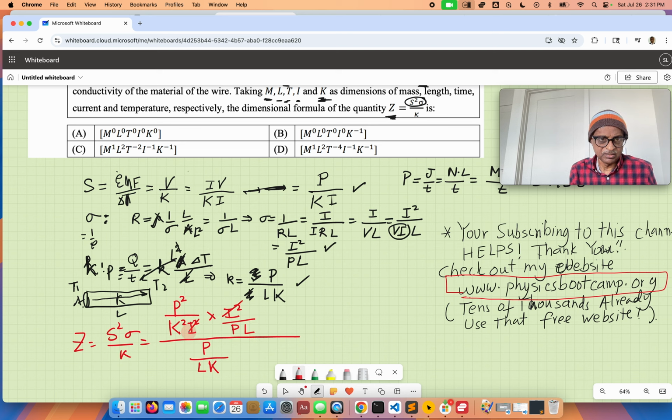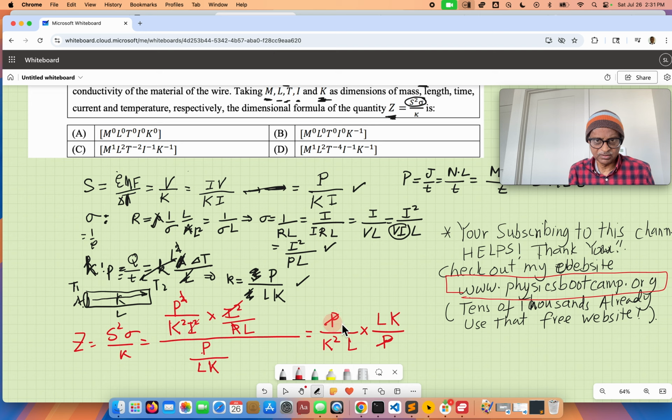I square cancels out. This will invert, so let's make sure we're not, one of the P's will cancel this guy. So I have a P over K square L, L times K over P, inverting that guy.